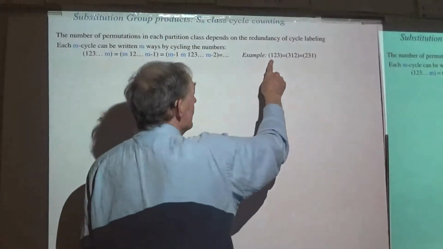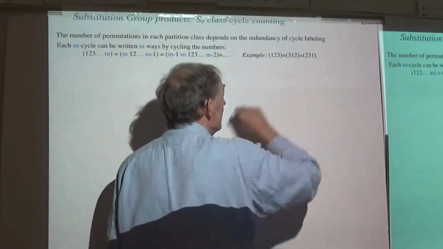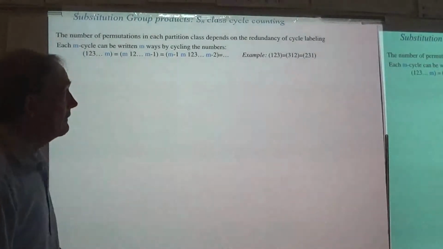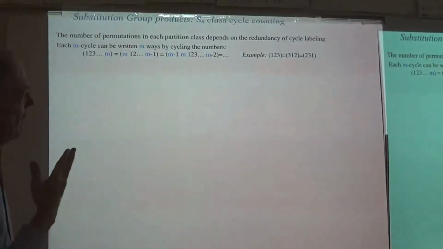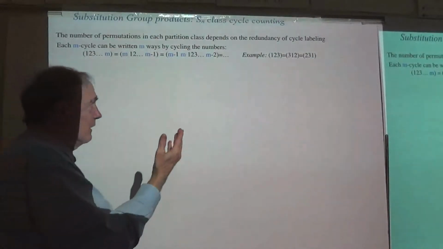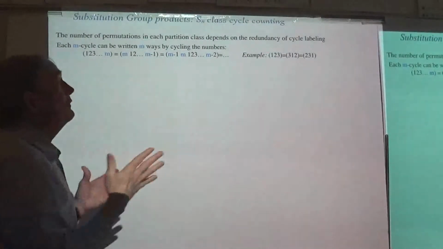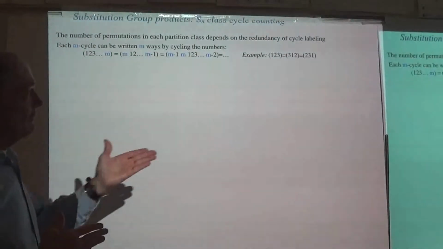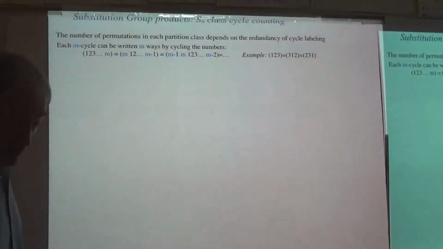And of course, 1, 2, 3 is the same as 3, 1, 2 is the same as 2, 3, 1 in this notation. So you have to remember that the numbering of these cycle structures has a redundancy. That is, it has a whole bunch of things that aren't different operations.